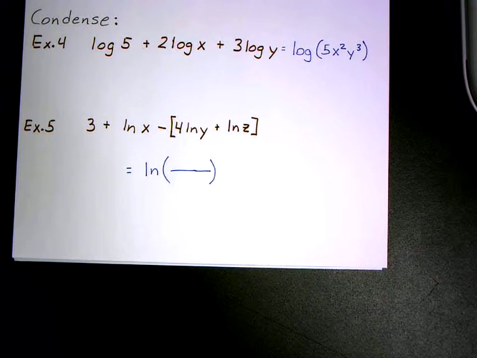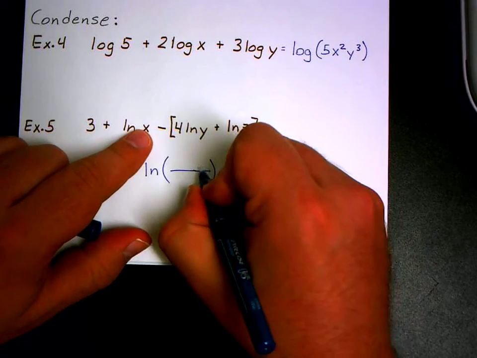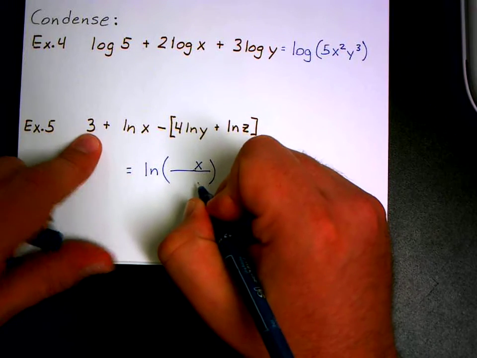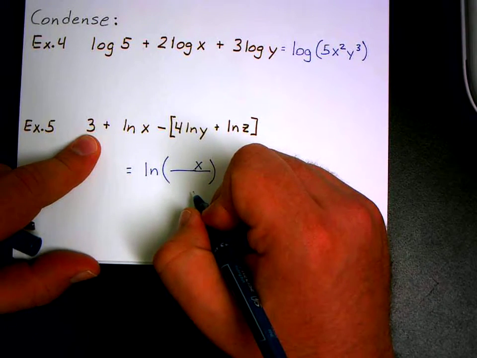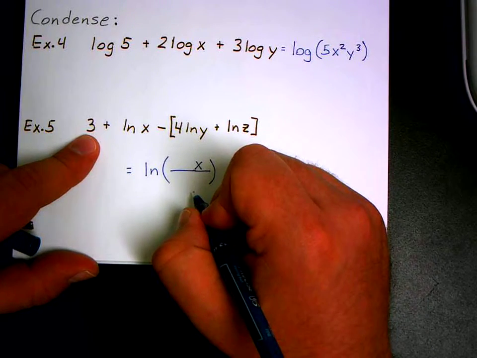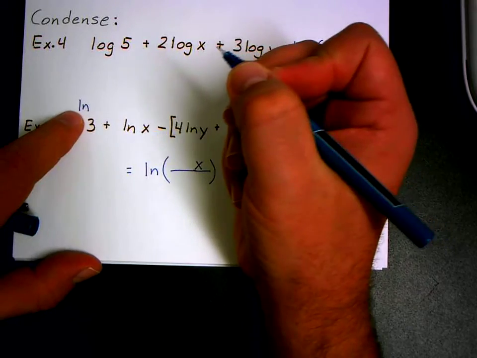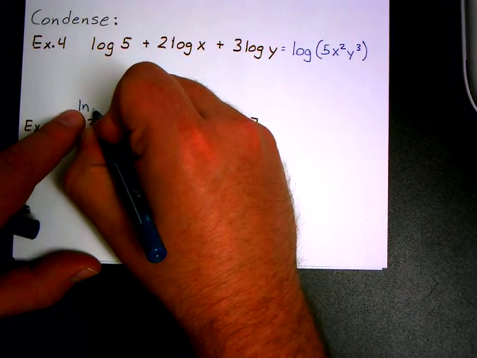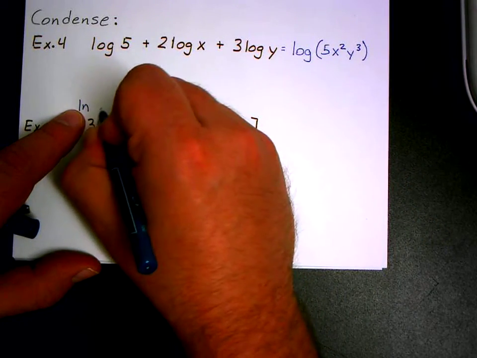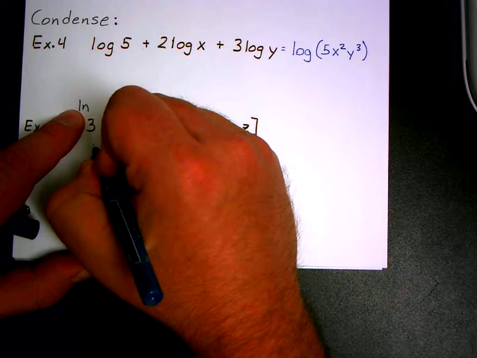Okay, so what should go on top? The X, yes. The 3, what is the 3 going to become? 3, no, LN. Now, what would have been inside this LN to turn into just a 3?